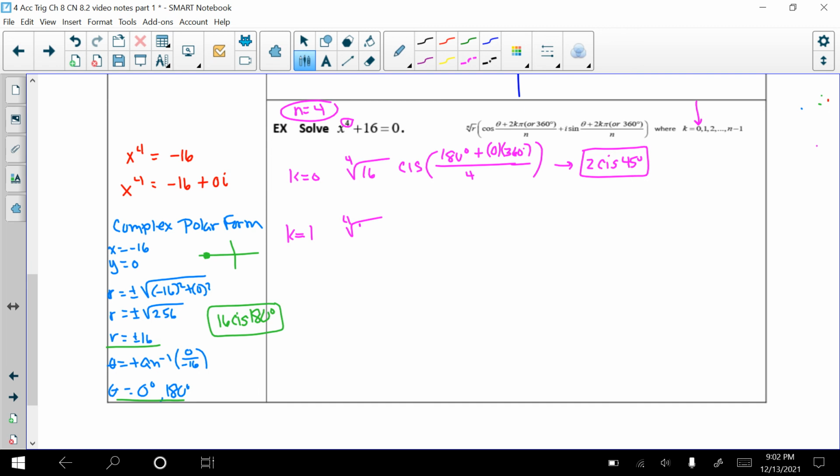We've got the fourth root of 16 times cis of 180 degrees plus 1 for k times 360 all over 4. So now we have 2 cis, 180 plus 1 times 360 gives you 540, and divide that by 4. That result is 135 degrees.